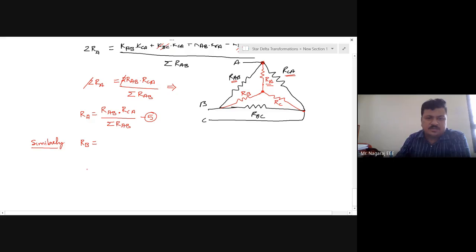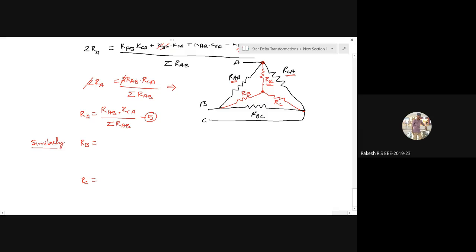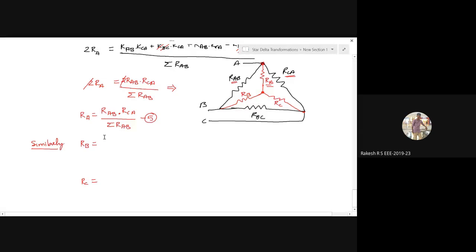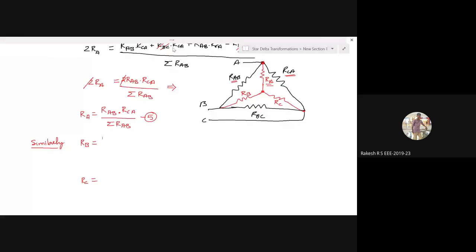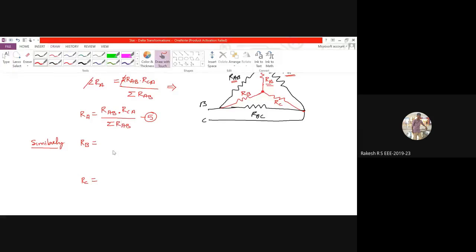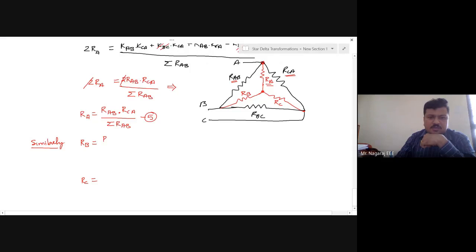So therefore RB is equals to RAB into RBC divided by summation of RAB.